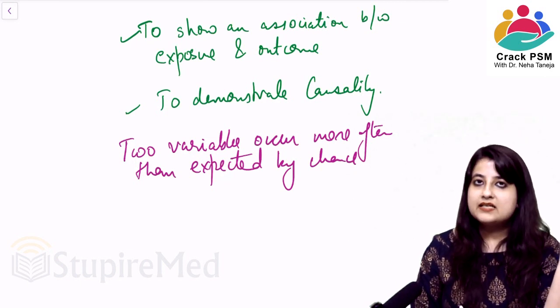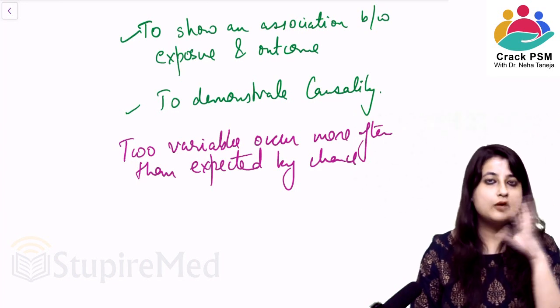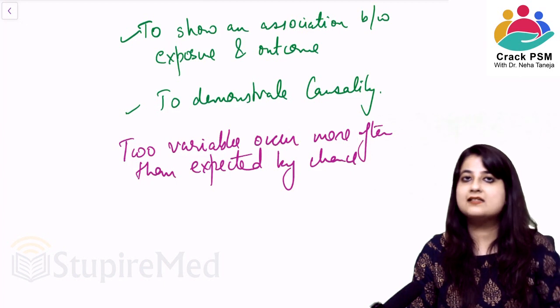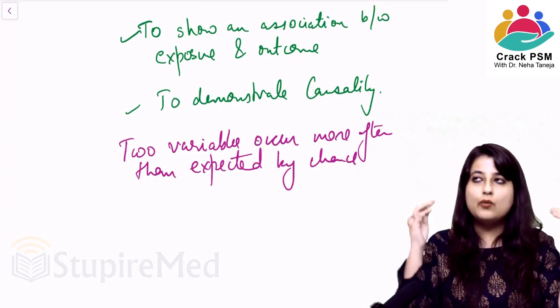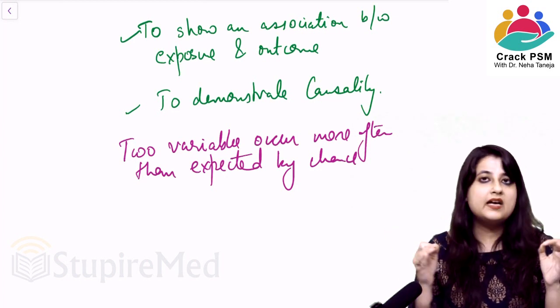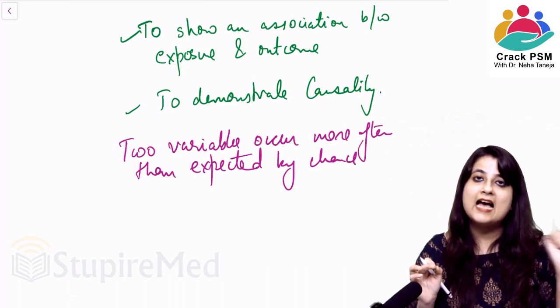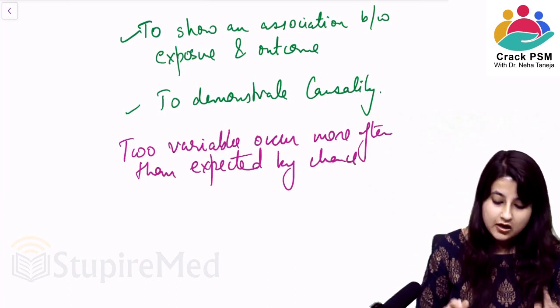Whenever somebody is doing a study on lung cancer among boys, smoking is there. When you study lung cancer in the general population, smoking is there. So we see that whenever lung cancer is mentioned, smoking is mentioned. So these two variables occur more often than expected by chance. This is the meaning of association.